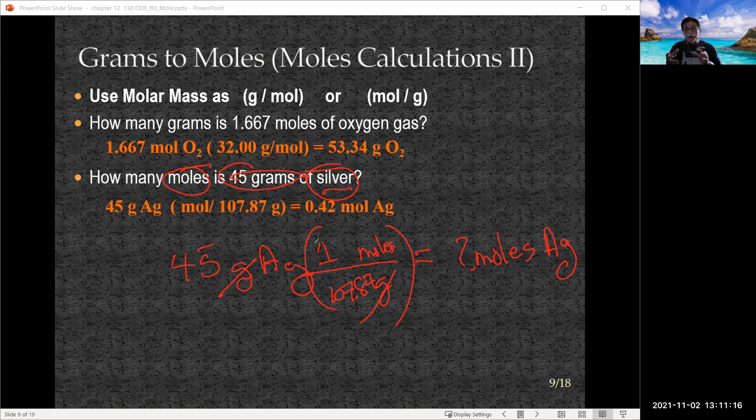What comes into play there is the balanced chemical equation, because once we know the moles of compound A, we know how many moles of, say, compound B in the reactant is going to be needed because of that stoichiometric relationship between the reactants that came from balancing the reaction. But we have to start off with moles. Once we've got moles, we can go into other places. We can't go directly grams to grams. We have to go through moles.